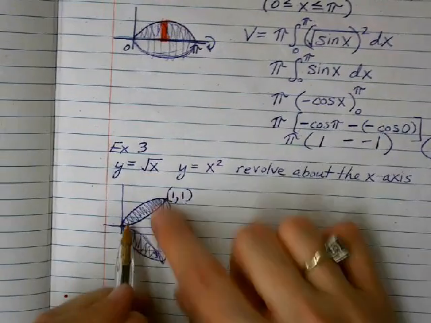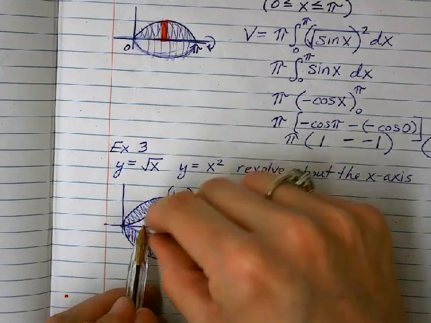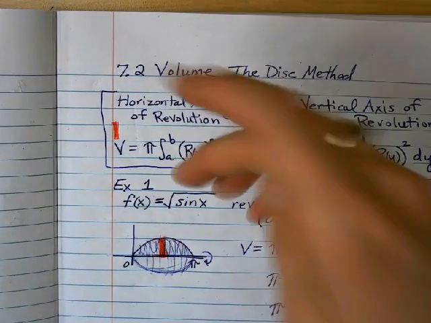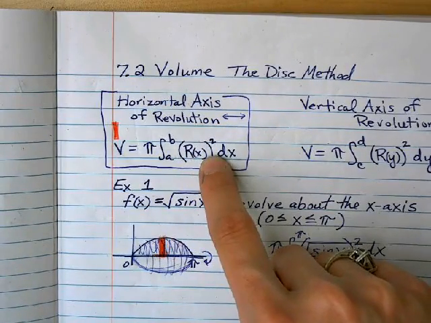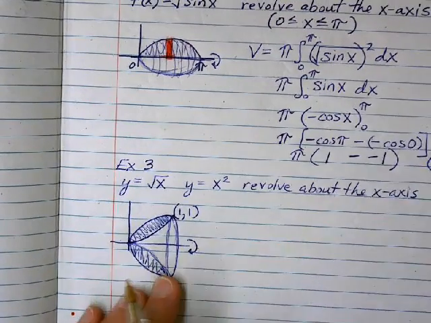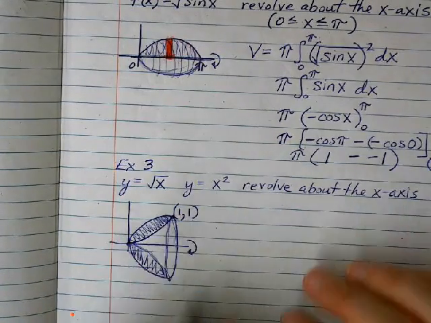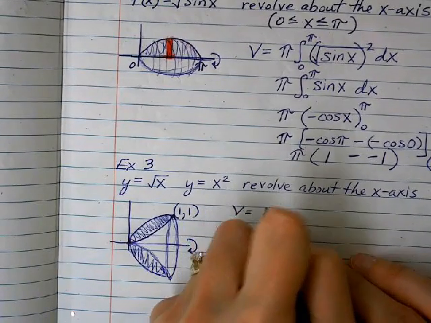Okay, if it's hollowed out in the middle, there's empty space that you're going to have to get rid of, subtract out. So they call this one the washer method. It really is the same as this, but it's kind of 2 steps. It's pi r squared still, but then you have to subtract where the middle part is a hole. So the volume again equals pi integral from a to b.